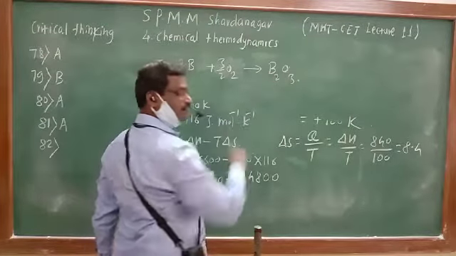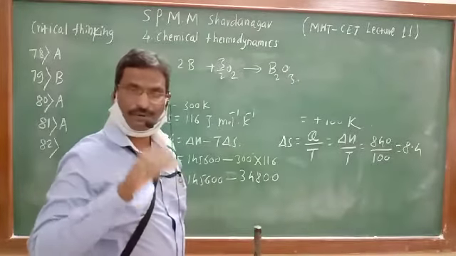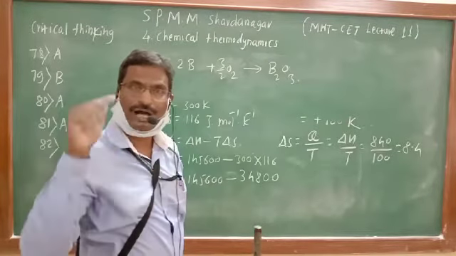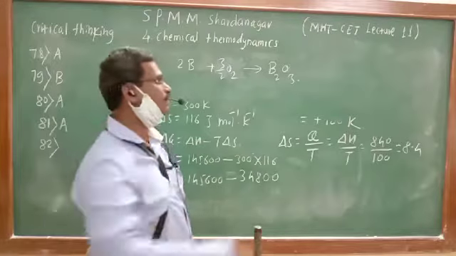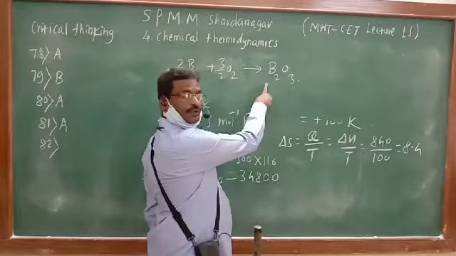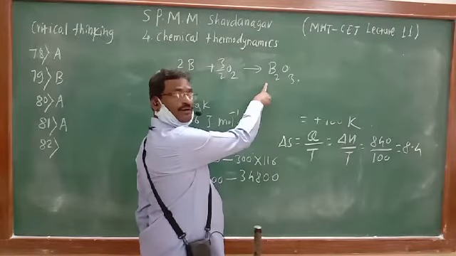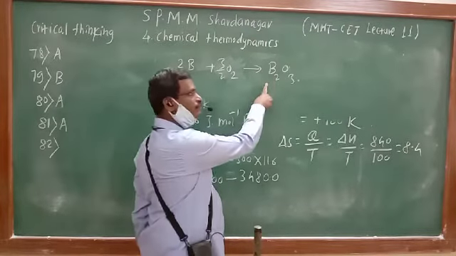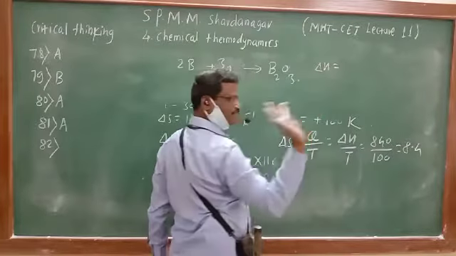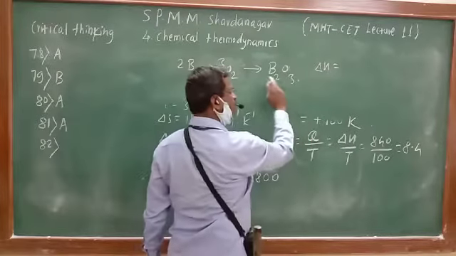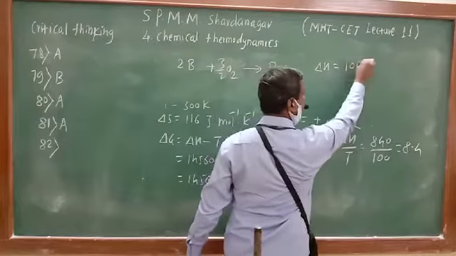This is known as enthalpy of combustion of boron, or also known as enthalpy of formation of boron trioxide, because 1 mole of boron trioxide is obtained. Suppose delta H for this formation is 100.